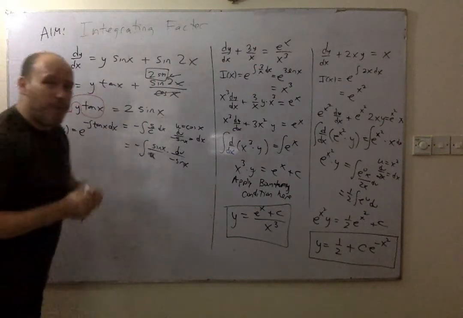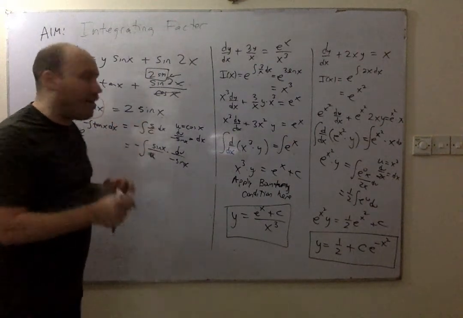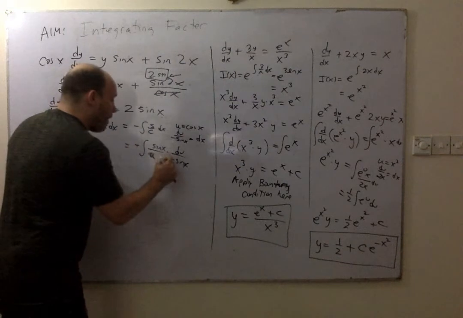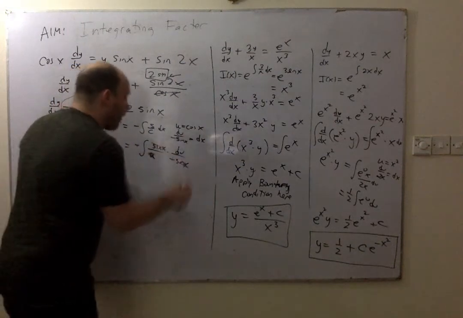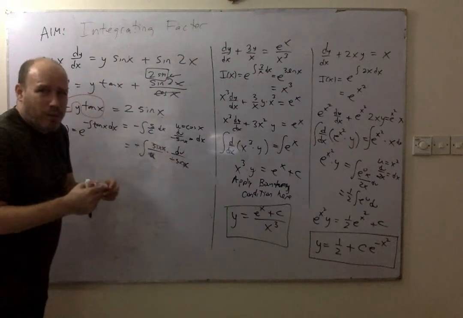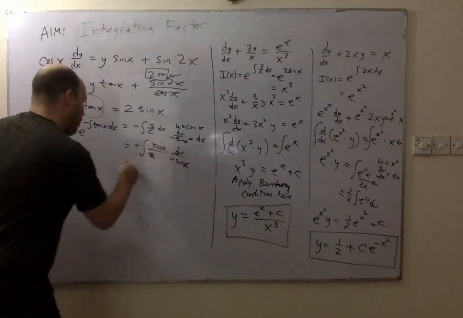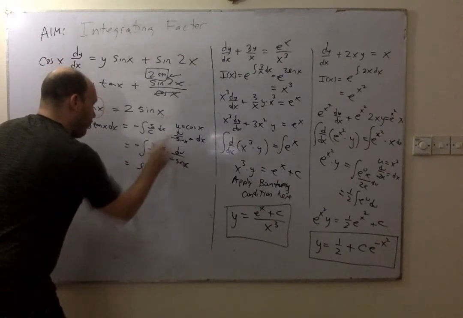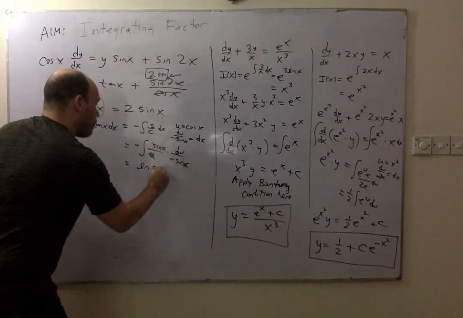This is tedious, but it's a good problem. The negative goes out with the negative. The sine goes out with the sine. We have 1 over u. Well, what's the integral of 1 over u? Ln of cosine of x.